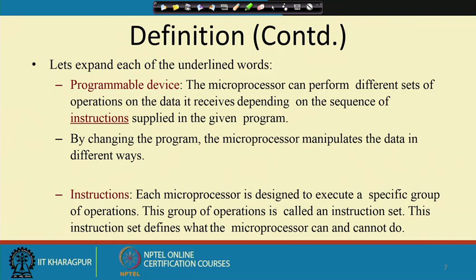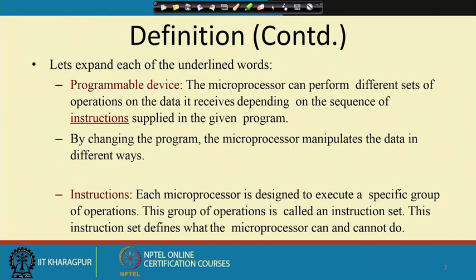All microprocessors have a reset pin, and if you reset the microprocessor, it will start looking into the memory from a fixed address, and from that address it will expect an instruction. It will take that instruction, execute it, then it will update its program counter type of register so that it points to the next instruction, and that way it will go on.